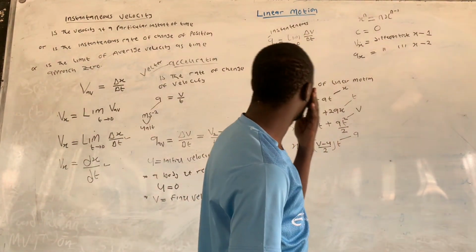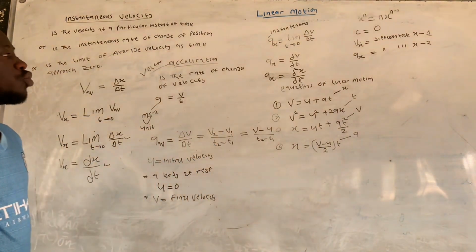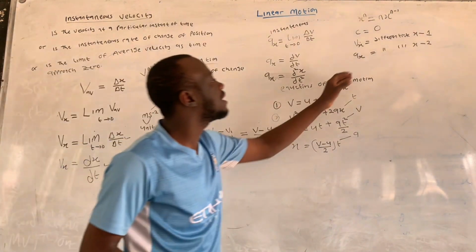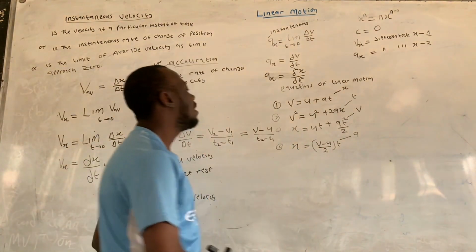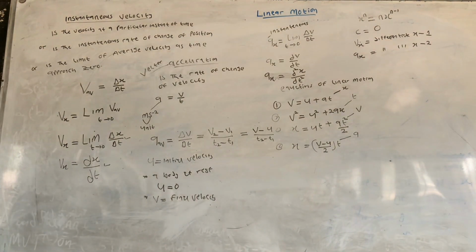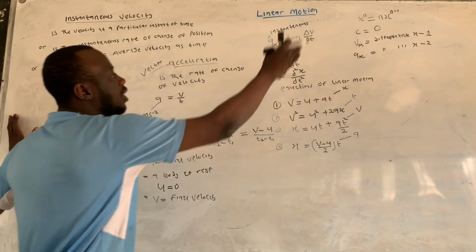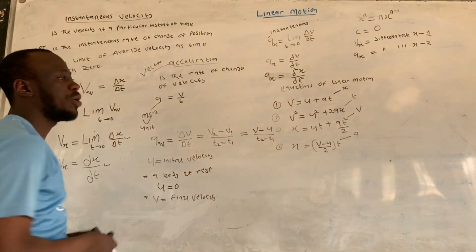Now I am going to use some questions to apply all these rules in solving instantaneous acceleration and instantaneous velocity. I am going to summarize these formulas on one side so that I can use the other side in solving the question.